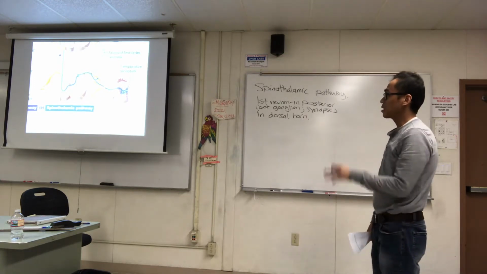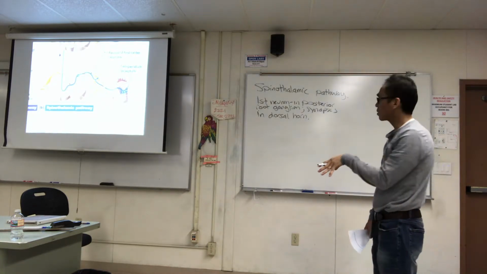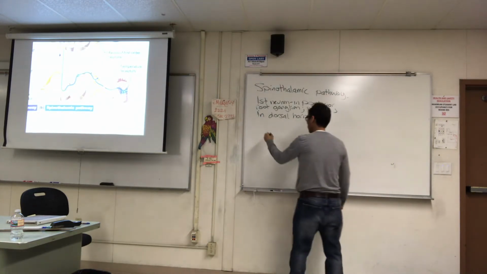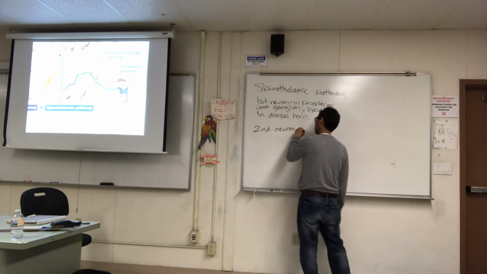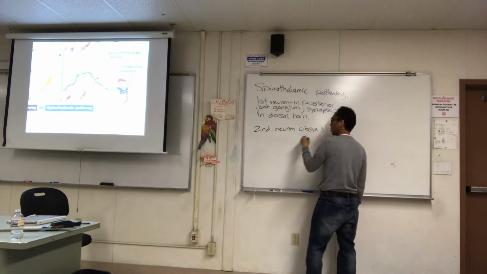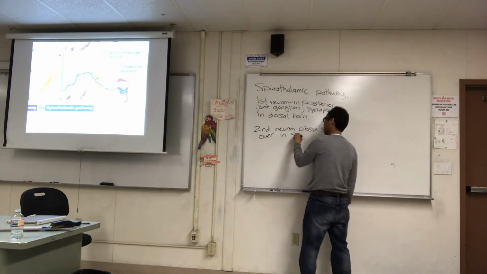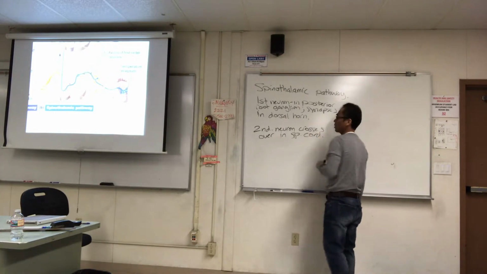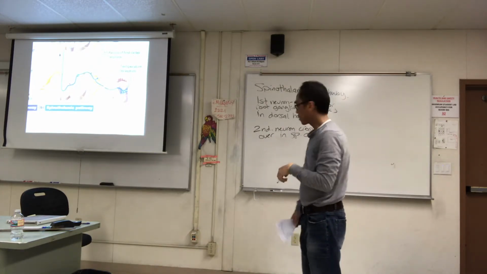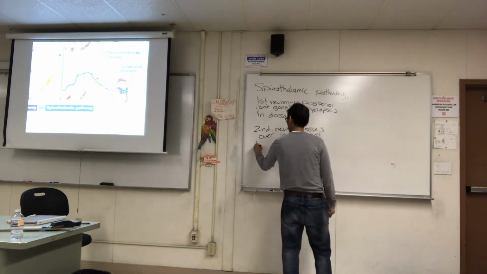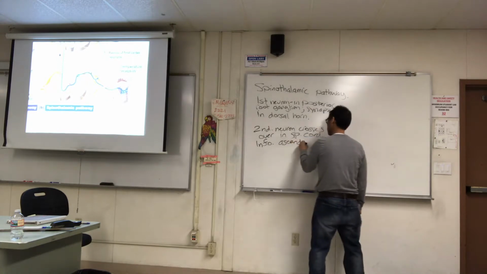And what it does is, the second one will cross over right then at the spinal cord. Second neuron crosses over, decussates in spinal cord. Then it's going to ascend contralateral. Ascends contralateral.